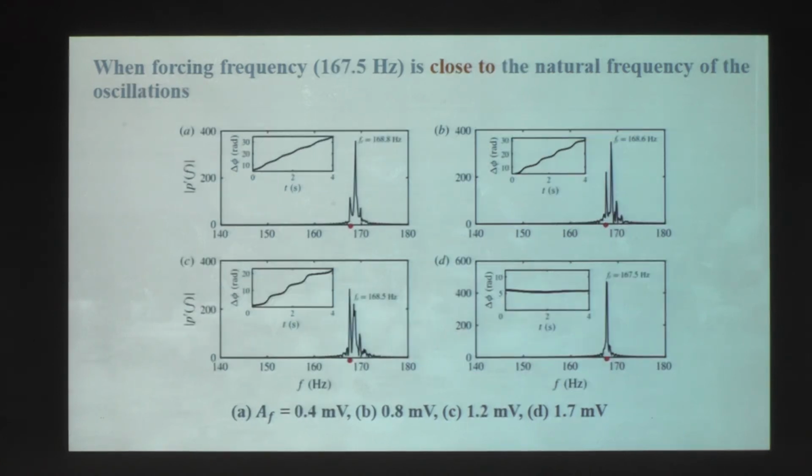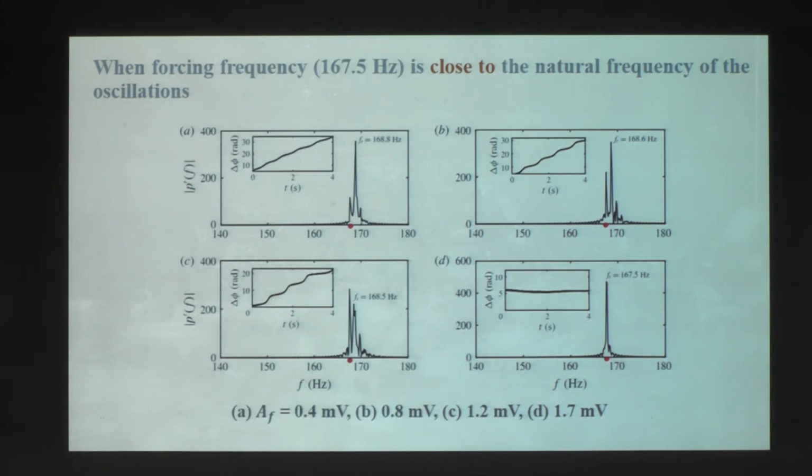Now the second case, taking 167.5 Hz, whereas the natural frequency is 168.8 Hz, which is very close to the natural frequency. A similar kind of dynamics is happening, that is drifting, then intermittent phase locking, then locking. The one dynamics that is missing is phase trapping.